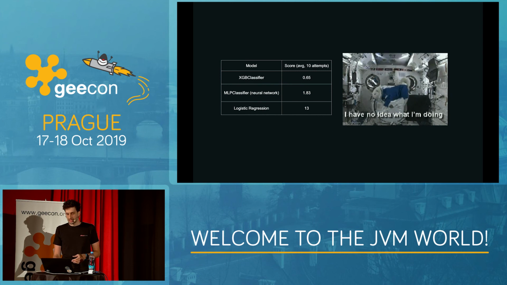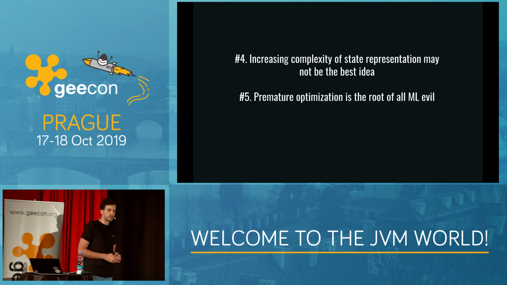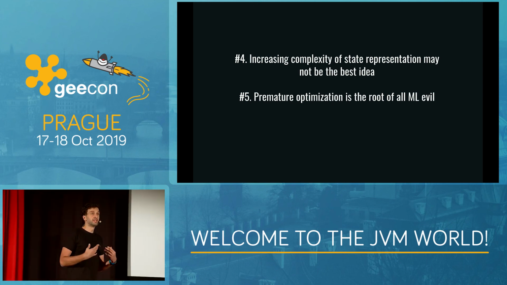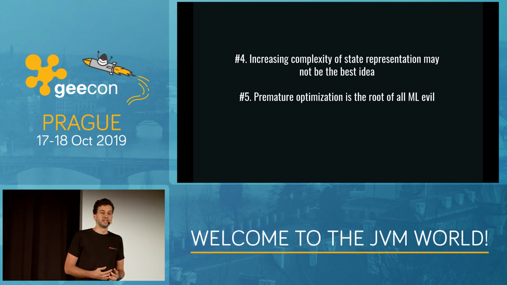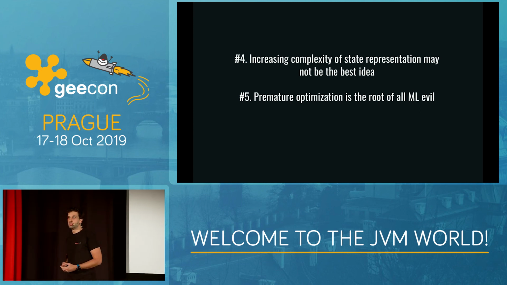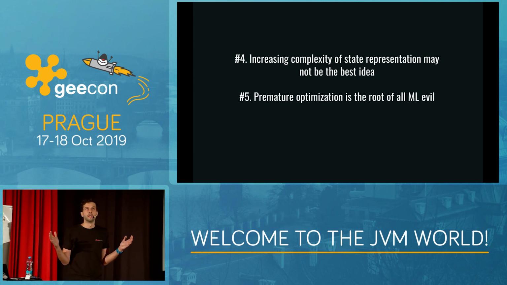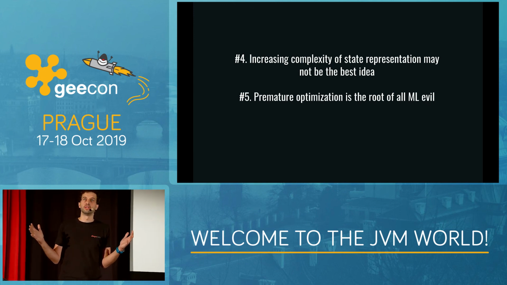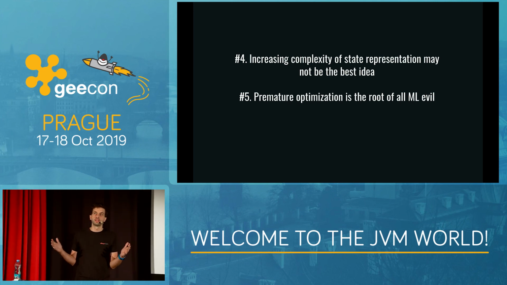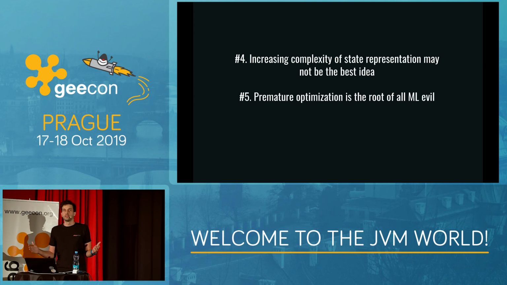Dog barks in the space, and we are going further. So increasing the complexity of state representation, which we have in fact done, is not the best idea when we don't have any working solution. If you think about this, we have 40, 50 long values in this vector. So this gives quite a significant problem space to reason about.